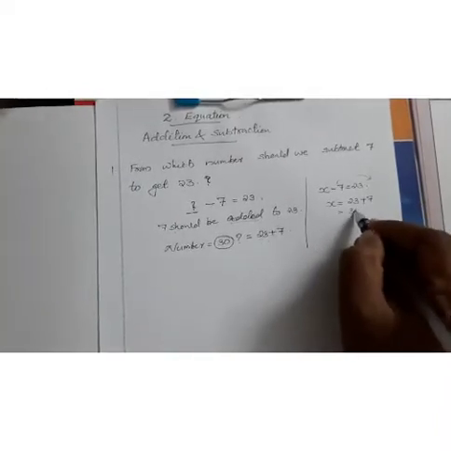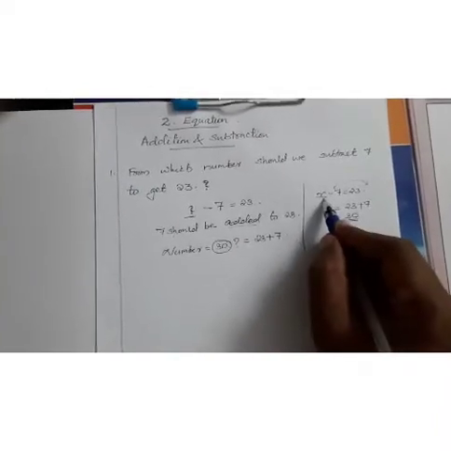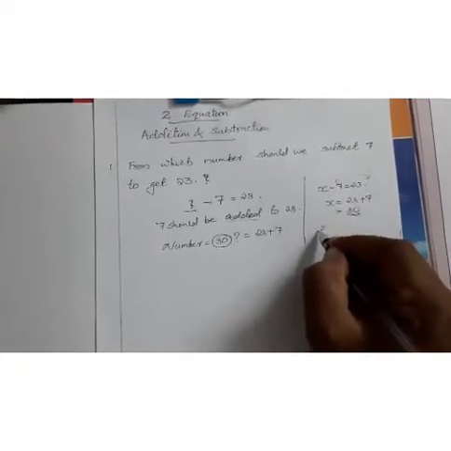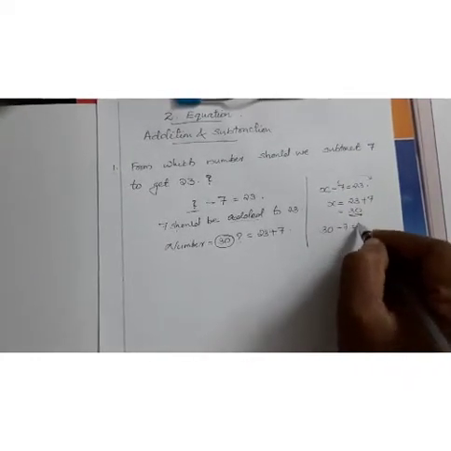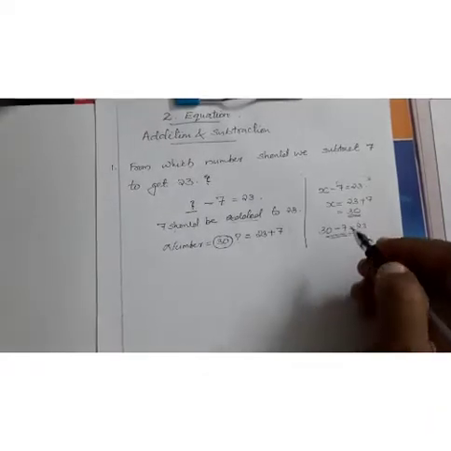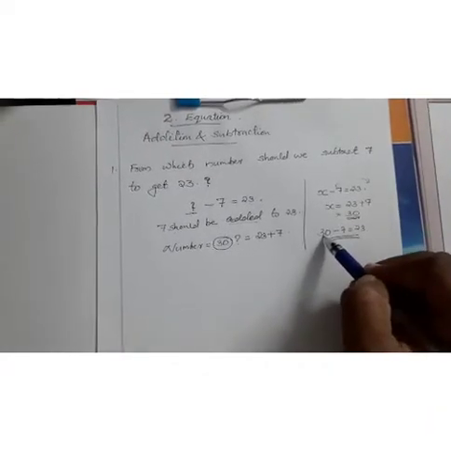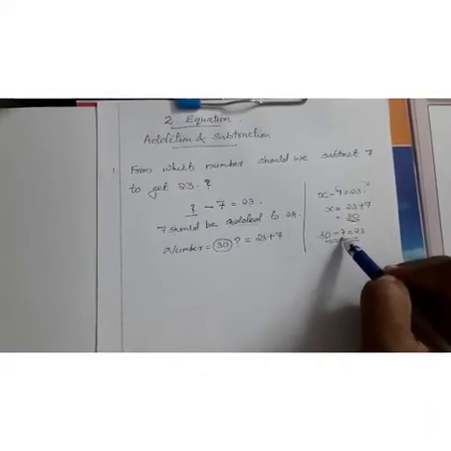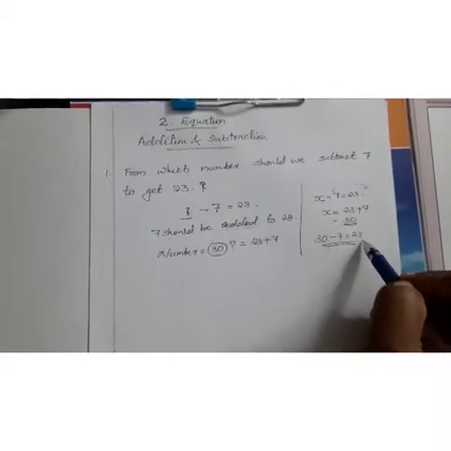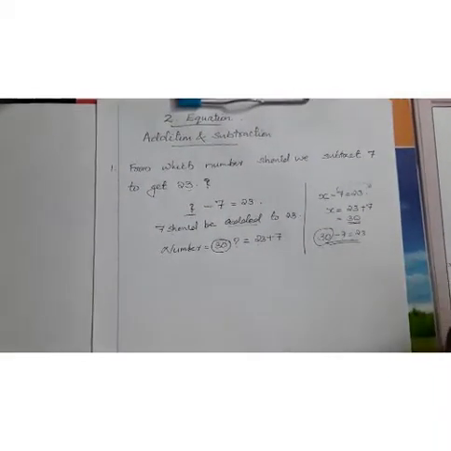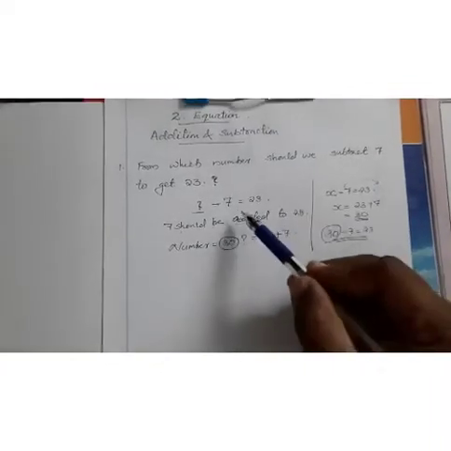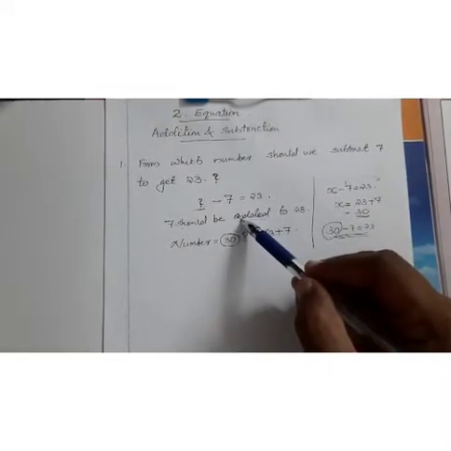So it should be 30. So the value of x is 30. 30 minus 7, what are we getting? 23. So from which number should we subtract 7 to get 23? The answer is 30. So instead of subtraction, we are doing it in the addition method.